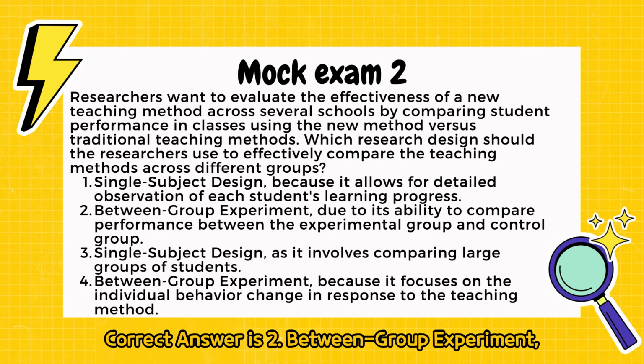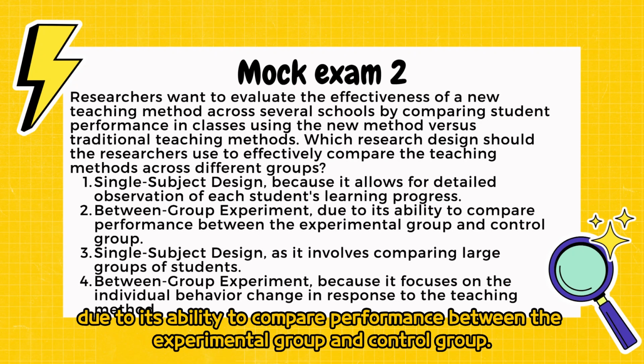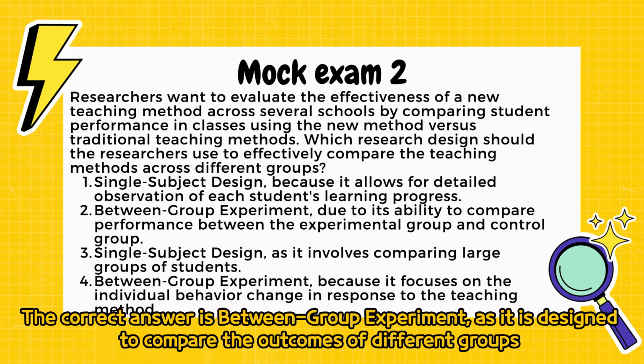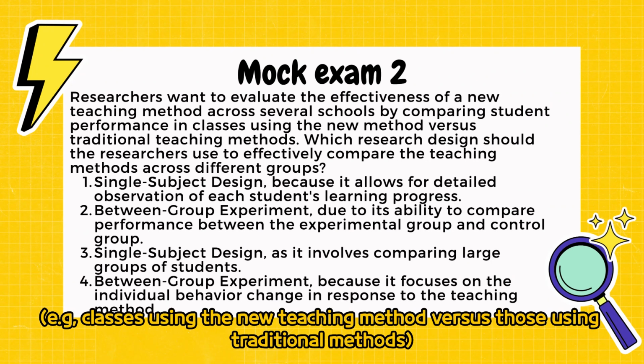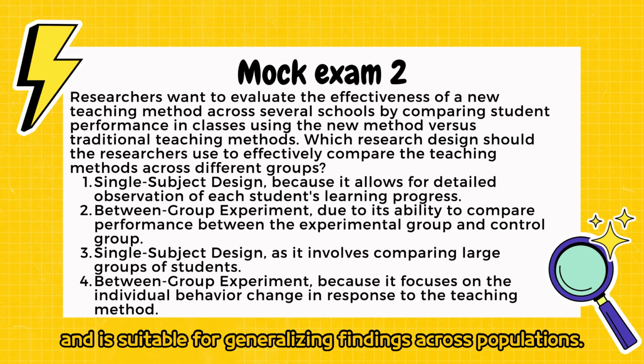Correct answer is 2. Between-group experiment, due to its ability to compare performance between the experimental group and control group. The correct answer is between-group experiment, as it is designed to compare the outcomes of different groups, classes using the new teaching method versus those using traditional methods, and is suitable for generalizing findings across populations.